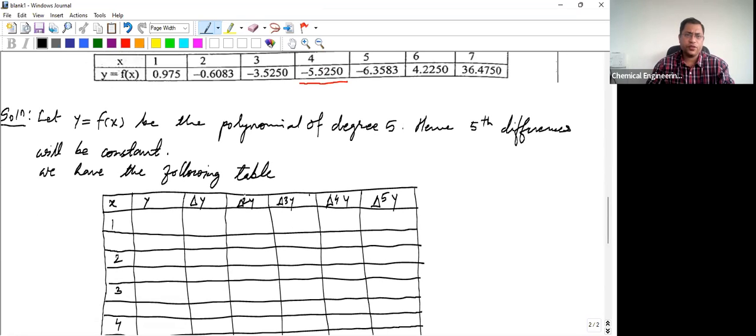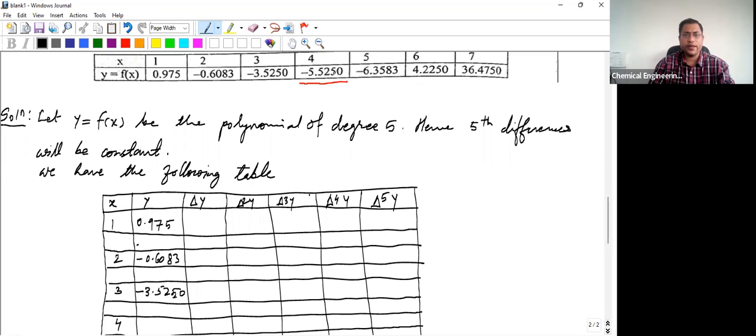Now see, the first value we have is 0.975. This is minus 0.6038083. We have minus 3.5250, and this value is in error.